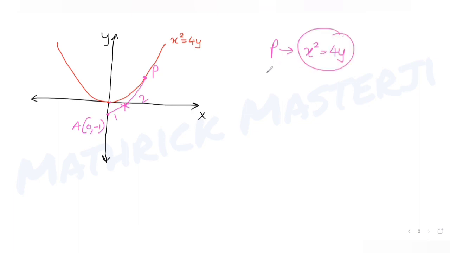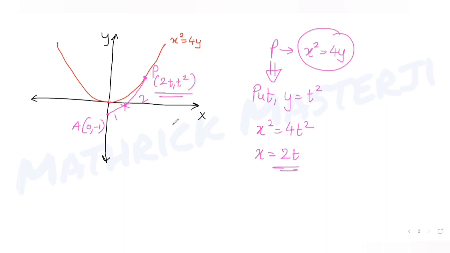If I put my y coordinate as t squared, I get x squared as 4t squared, and taking the square root gives x equals 2t. So the coordinates of P are (2t, t squared).